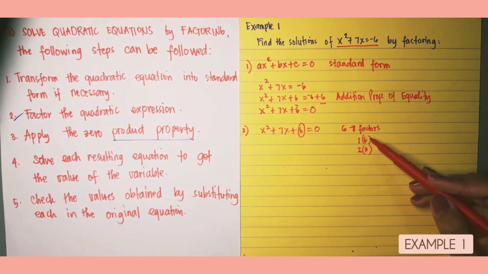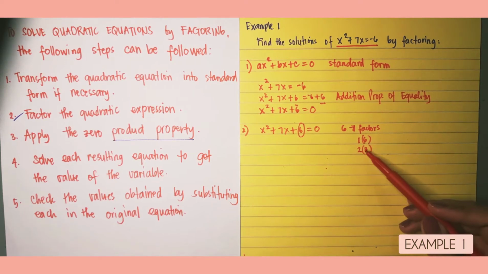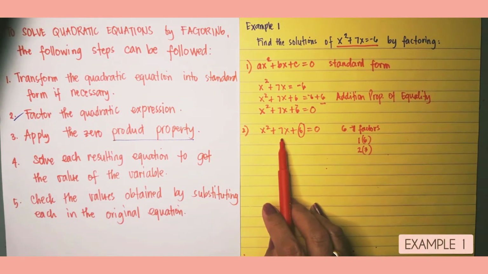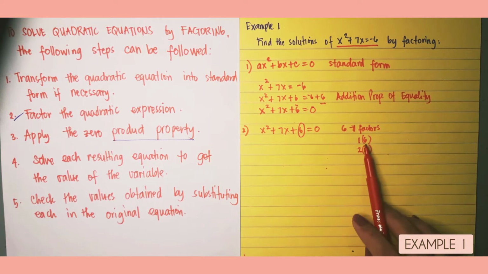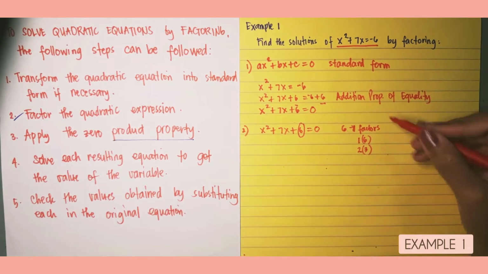Now, after writing all the possible factors, find the possible combination that when added is equal to the middle term 7. Again, among these factors of 6, find out which of these would be equal to the middle term 7.